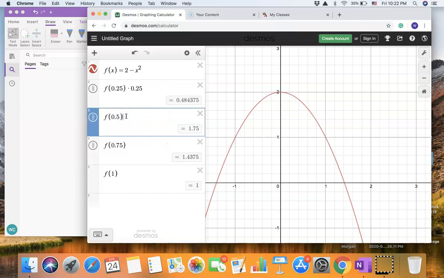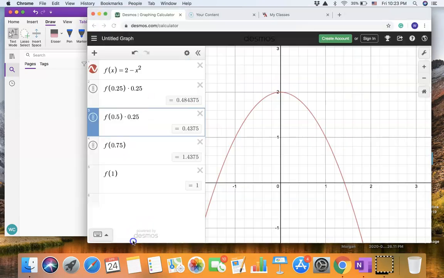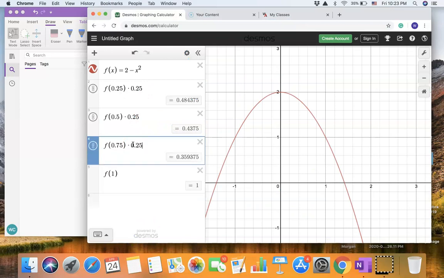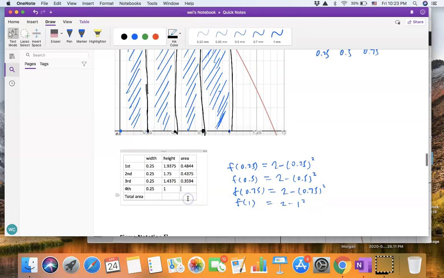The second rectangle's area is 0.4375. For this one, it's 0.3594. For the last one, it's 0.25.